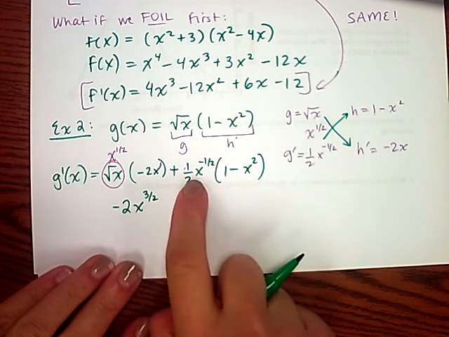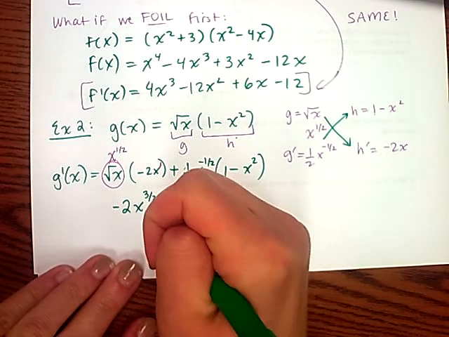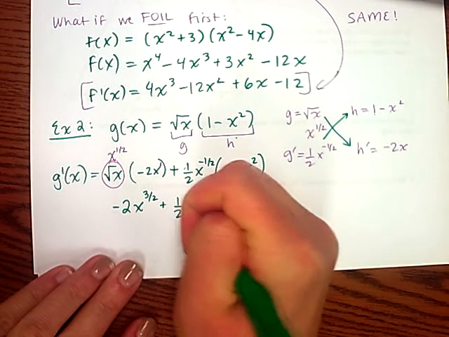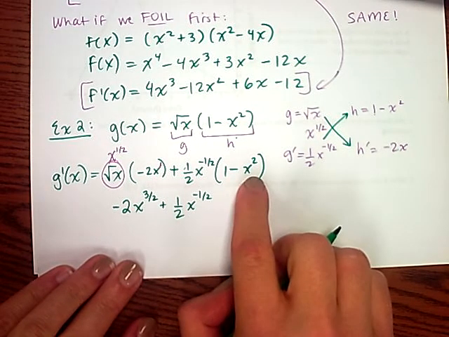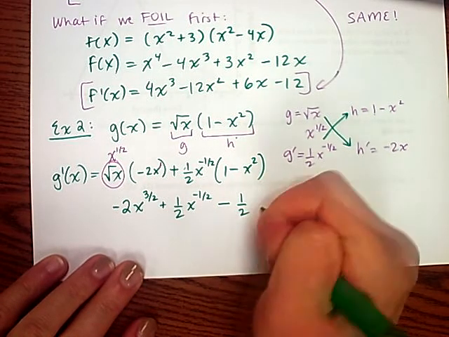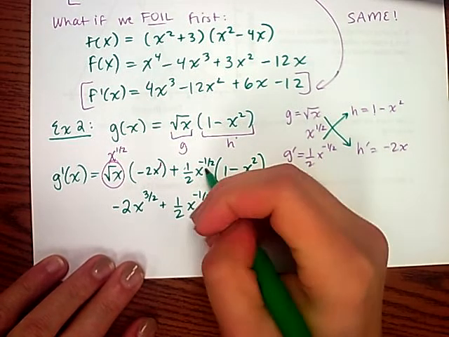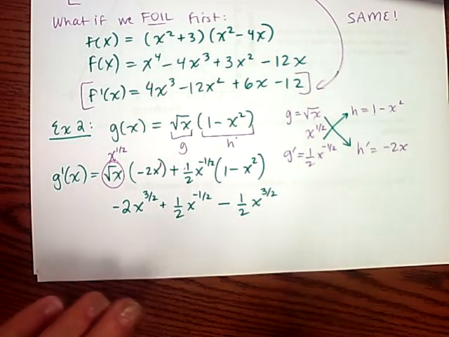And then here I could distribute this in, and I would get 1/2 x to the negative 1/2 times 1, so it's just the same thing, and then this thing times x squared. So again, I would add my exponents and get minus 1/2 x to the, well, that's actually going to be 3/2 as well, because I'm subtracting 1/2 from 2.